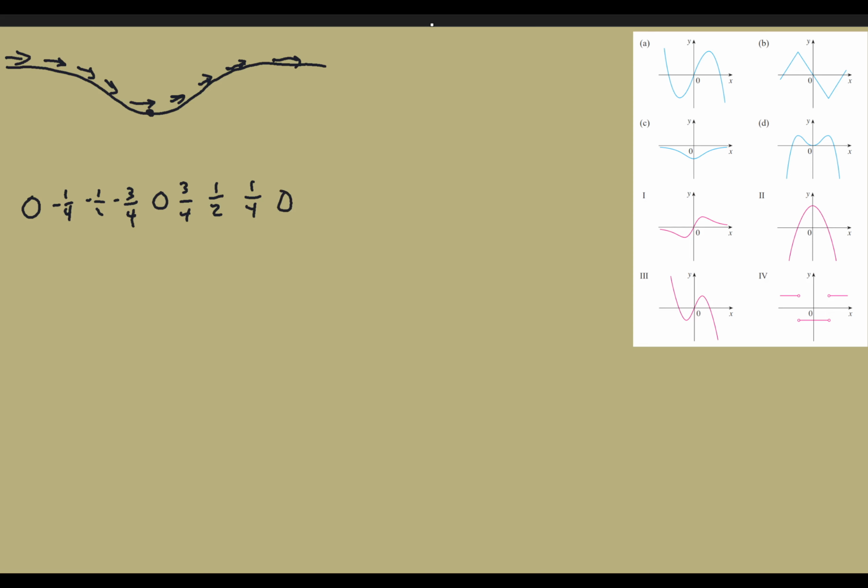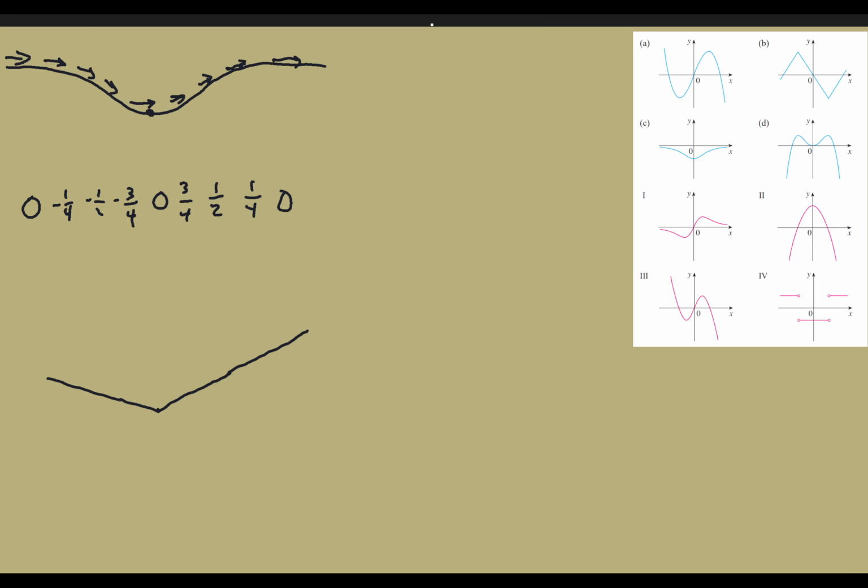So a graph of f prime would look like 0, -1/4, -1/2, -3/4, and then it finds its way back up to 0, and then to 3/4, and then down to 1/2, 1/4, and 0 again. So I'm thinking it's going to be this guy right here. I'm pretty pleased with that idea because of where they change direction here. That makes a lot of sense to me.